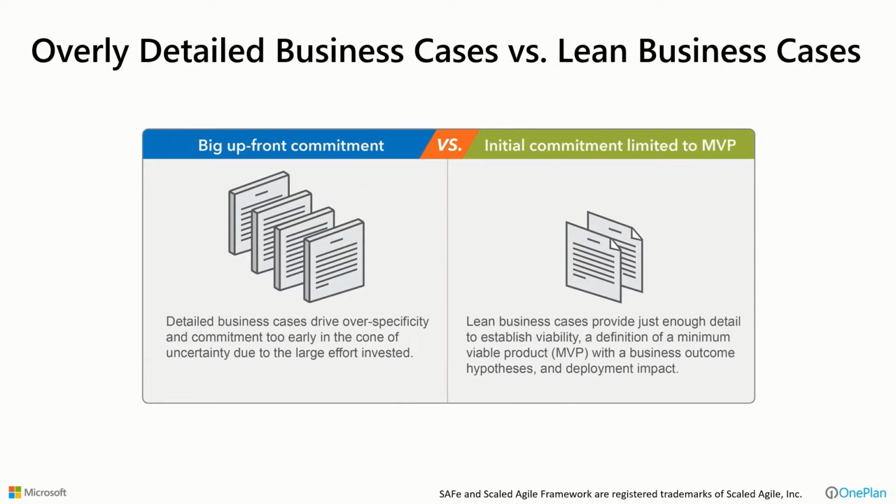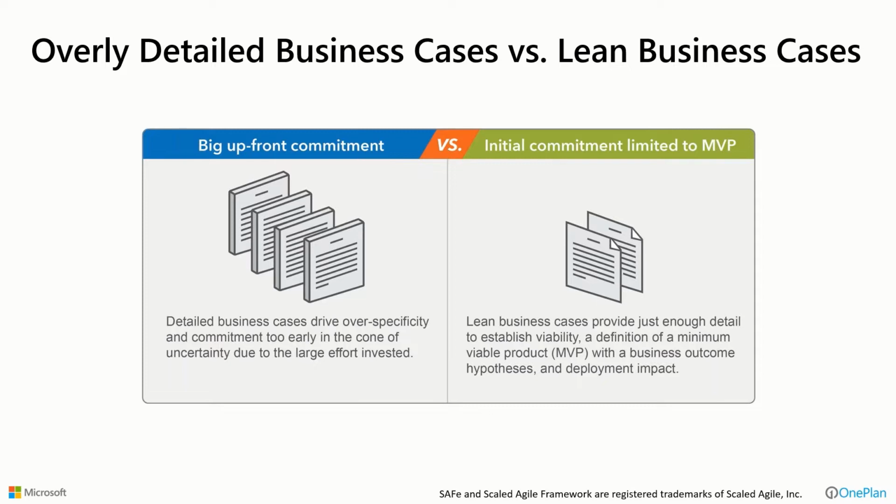And consequently, it really decreases the focus on the voluminous business case that we used to have in order to get that complete definition up front of something that we think is going to happen, say, a year from now, or what we're going to need a year from now.